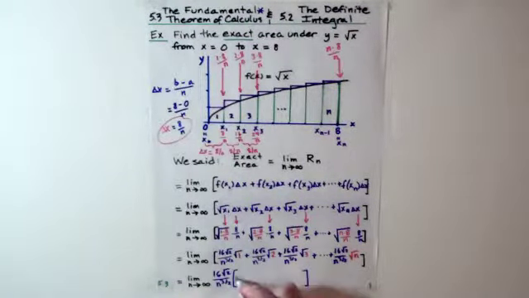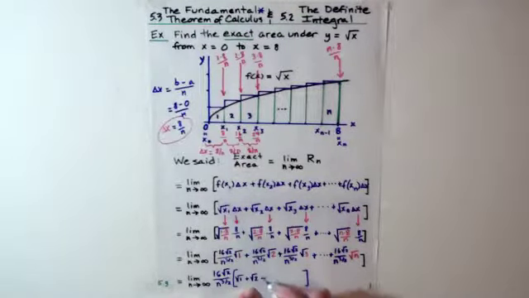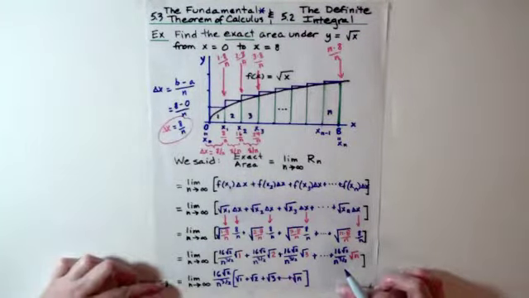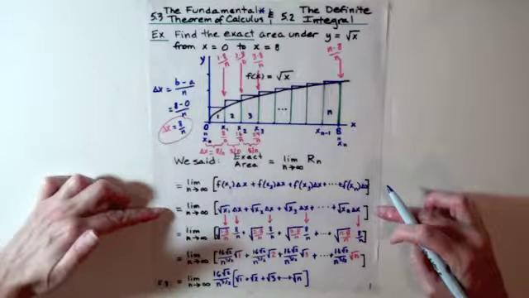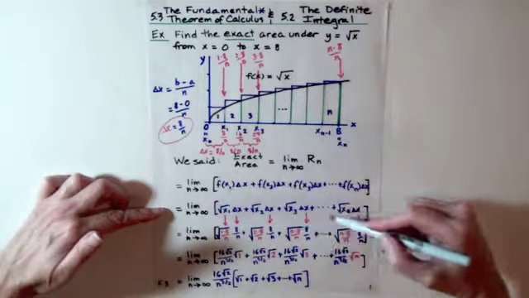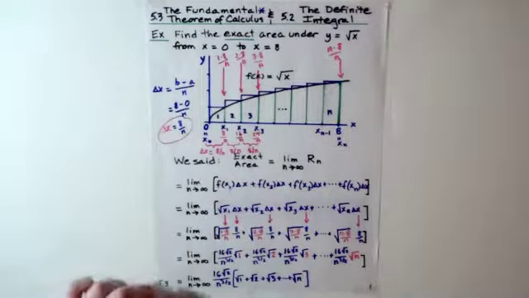The square root of 1 plus the square root of 2 plus the square root of 3 plus, and so on, up to the square root of n. Well, this looks a little nicer than what I originally had up here when I was saying, how am I going to find the limit as n goes to infinity of this thing? Now I'm asking, how do I find the limit as n goes to infinity of, and at least I have an expression that's written purely in terms of n.